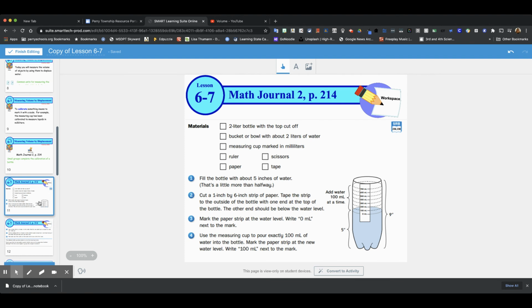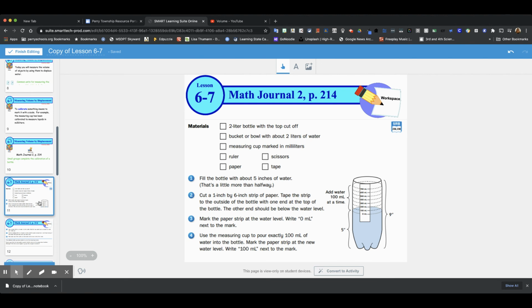You want a 2-liter bottle with the top cut off. So you would need an adult to assist you with this activity. A bucket or a bowl with about 2 liters of water, measuring cup marked in milliliters, a ruler, scissors, paper, and tape. Again, if you're able to do this activity at home, please do this with an adult.